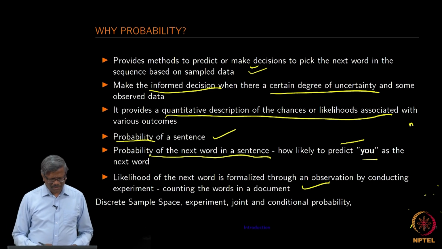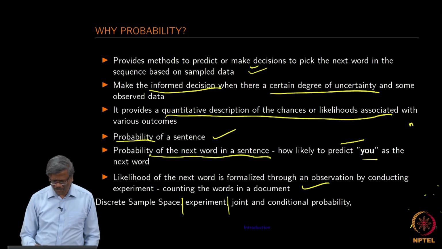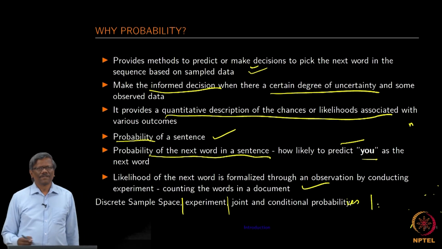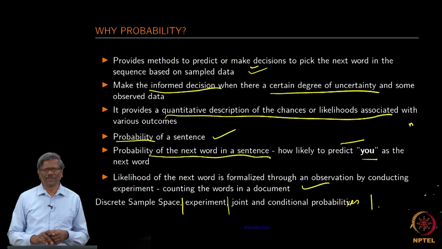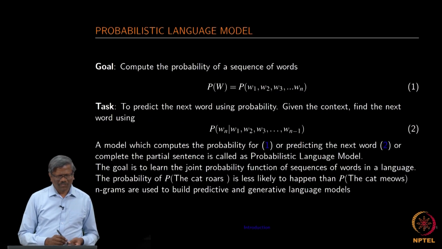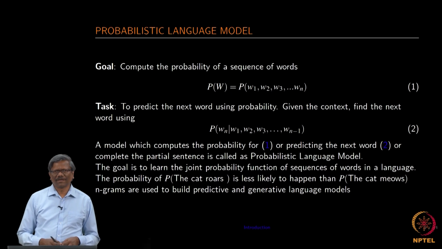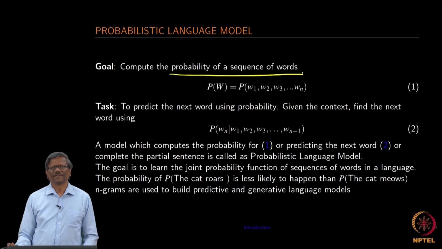We will be talking about discrete sample space, the kind of experiments we do, joint and conditional probabilities and so on. Okay. We will talk about this during the course, and then how we really use all these in natural language processing. We will also look at, as I mentioned earlier, how we can compute the probability of a sequence of words.